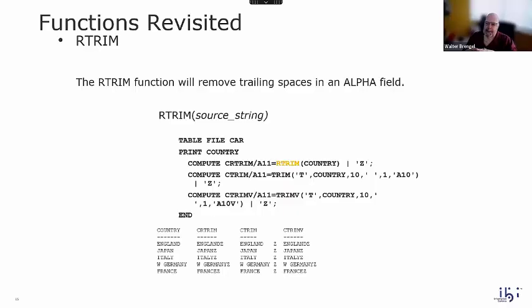RTRIM removes trailing spaces in an alpha field. So here I'm doing an RTRIM of country, and I'm concatenating a Z. And then I'm doing it using the TRIM function and the TRIMV. Notice we have TRIM and TRIMV.